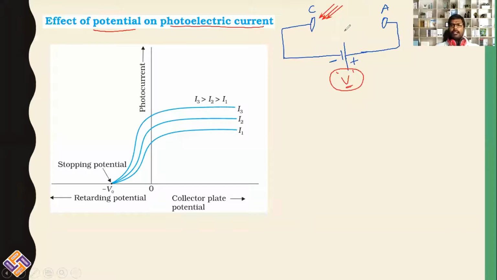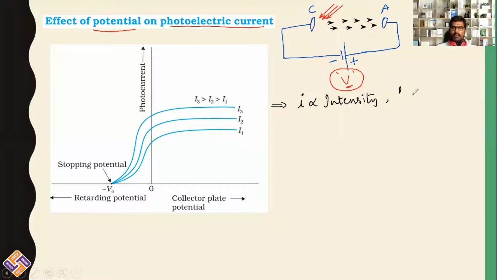The photocurrent in the circuit depends on how many electrons are coming out. The more electrons, the more current in the circuit, right? So remember that photocurrent is directly proportional to intensity.